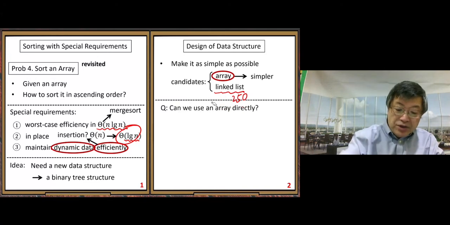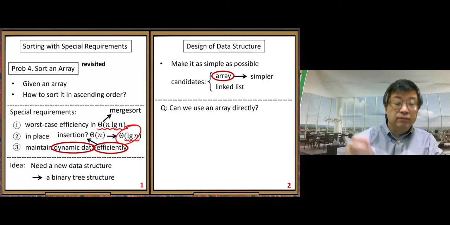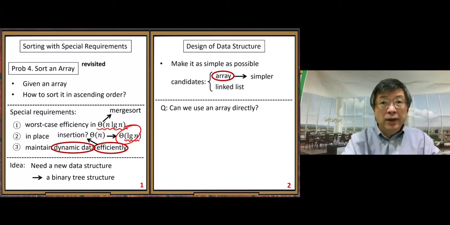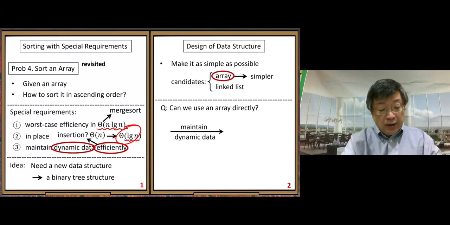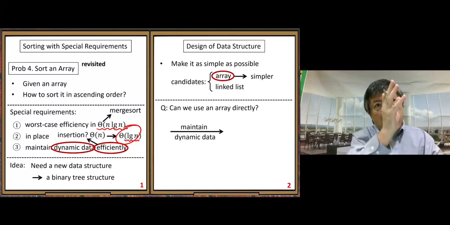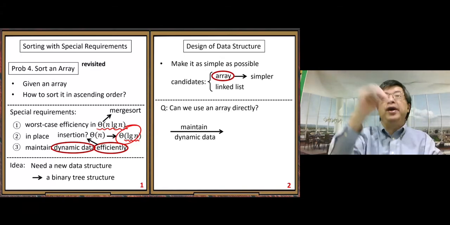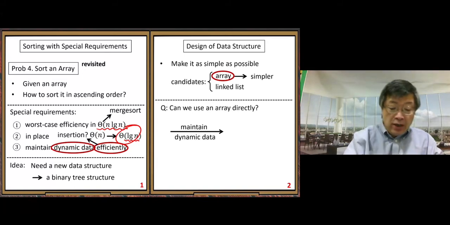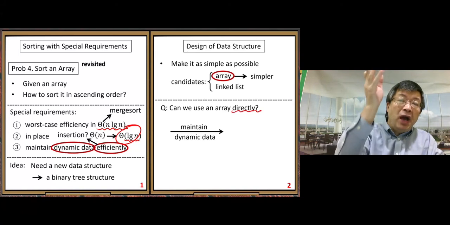Can we use an array directly? So now we try array first. Can we use array directly? What do you mean directly? We want to maintain dynamic data in an array without doing anything special. Directly here means without doing anything special.